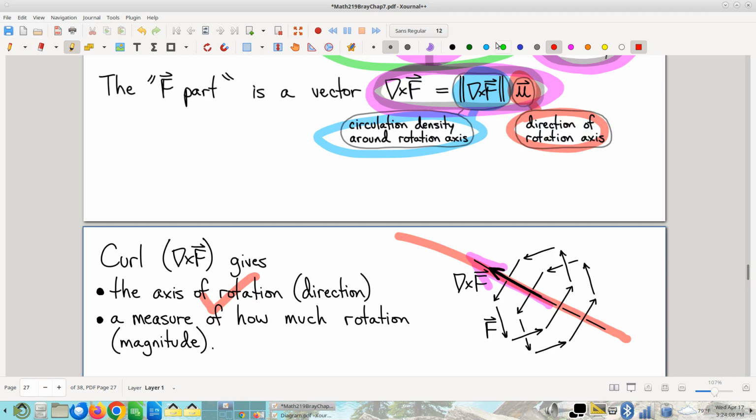And the magnitude of that curl is going to tell you, in some sense, how much rotation there is. Let's not worry about units or anything precise and specific. It depends on the nature of the fluid and various constants involved and assumptions you make. That's not our problem. That's context by context. But longer curl means, in some sense, more rotation.